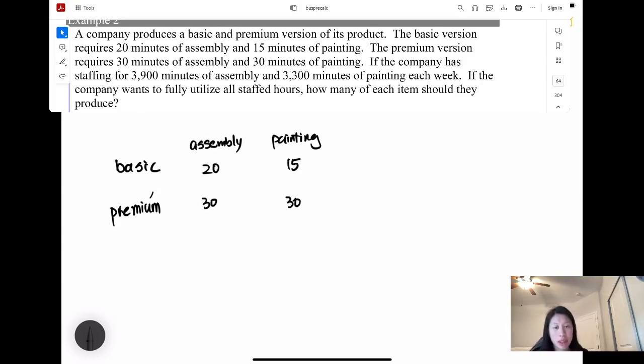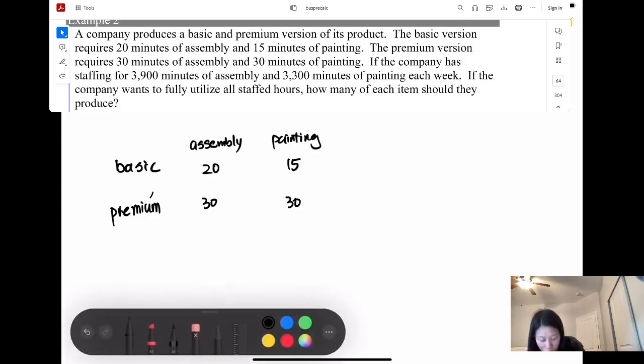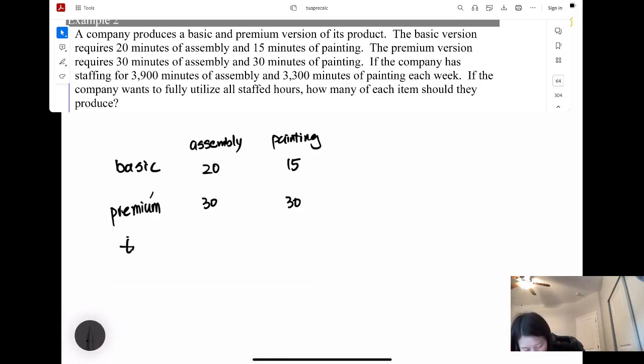And then the company has the staffing for the total: the total number of assembling minutes is 3,900, and the total number of painting minutes is 3,300. So we don't know each number, right?